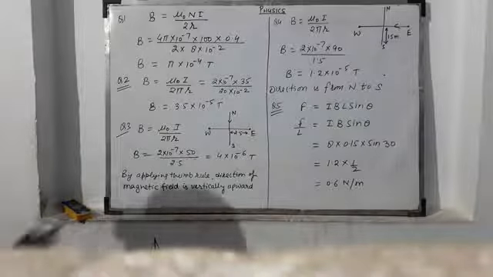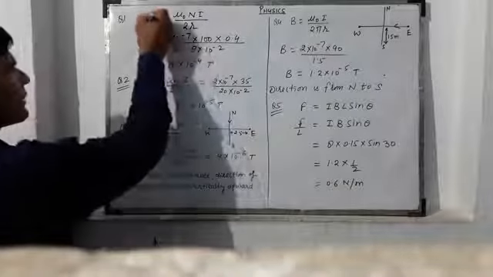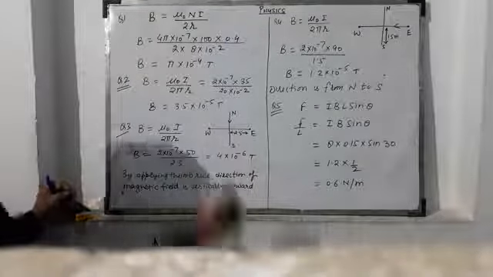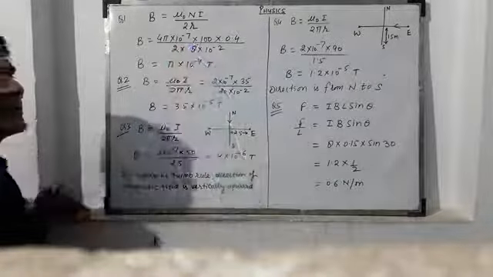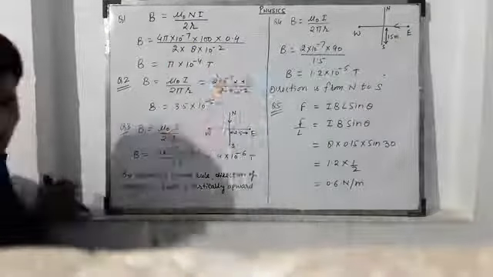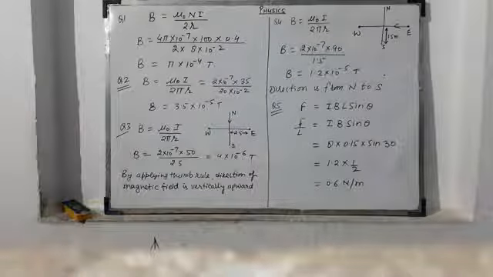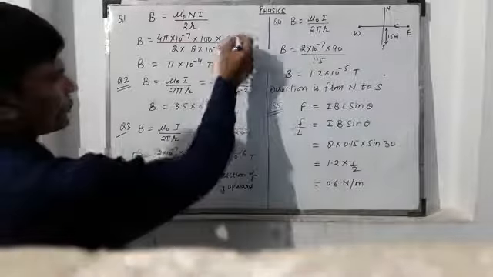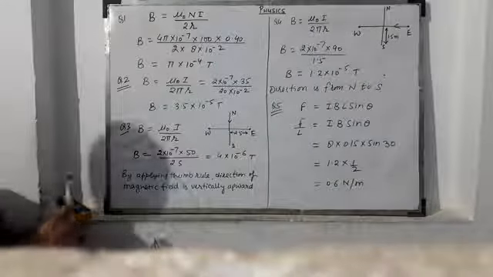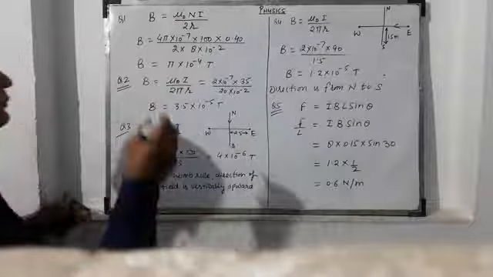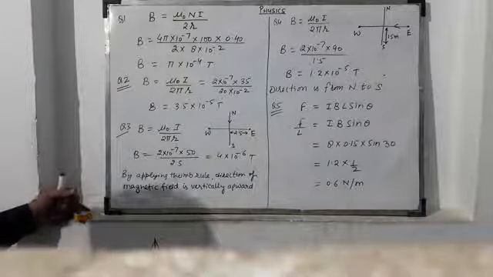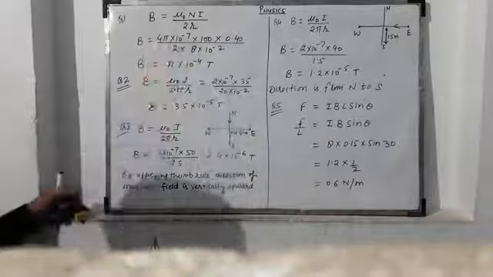In question number 1, a circular coil is given with 100 turns, radius 8 centimeters, so we convert it into meters, with 0.40 ampere current. The question asks for the magnitude of the magnetic field at the center of the circular coil.